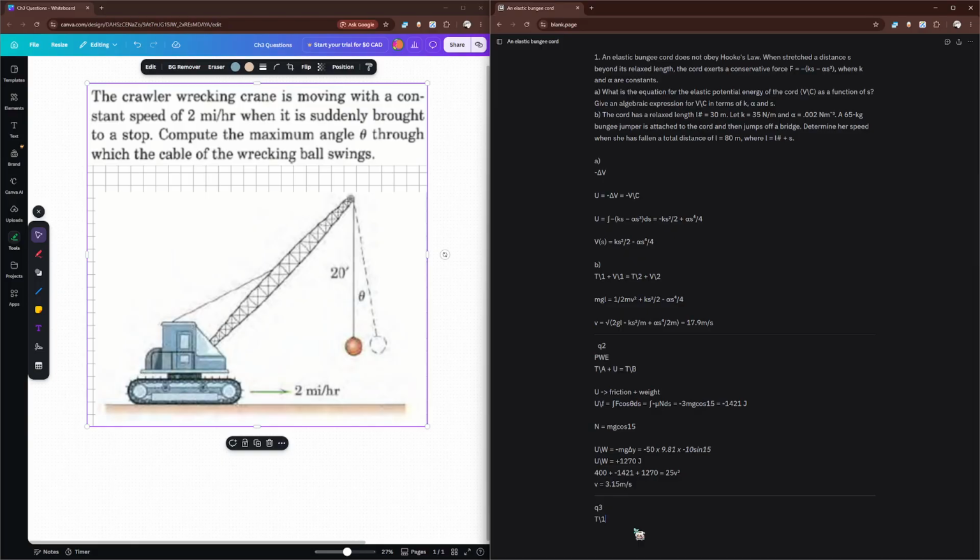So T1 is equal to half mv squared, and m is something, so we don't know. m over 2, V squared is 4, but we should probably convert that. So 2 miles per hour, when you convert it to feet per second, is, I don't actually know.